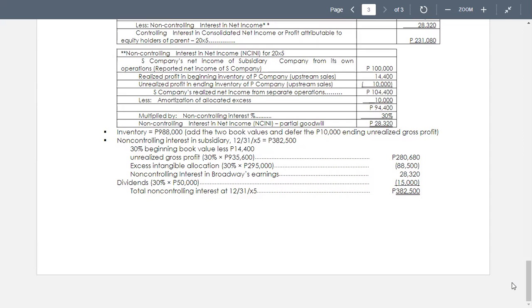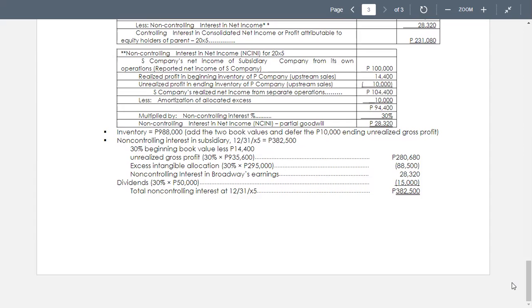The intercompany gross profit. Okay, as stated, SS sold inventory costing 120,000 for 160,000. So take note that it is an upstream sale because SS is the one selling to PT. So 160,000, the sales price, minus 120,000, that's the cost.